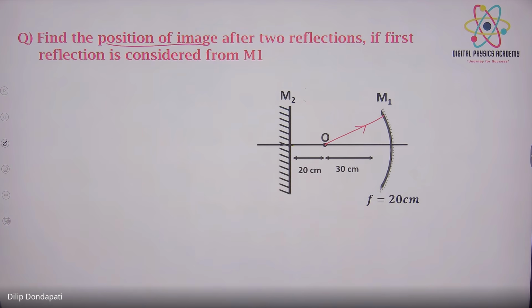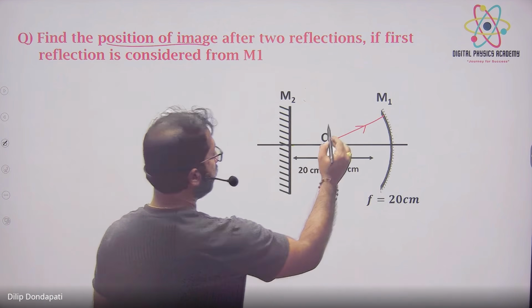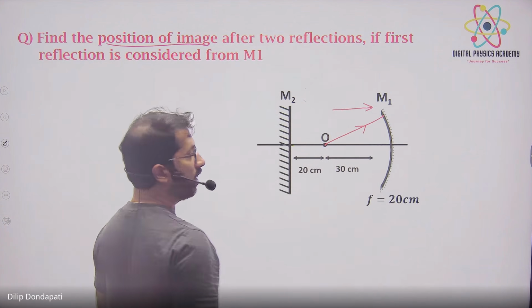And proper sign conventions you have to consider, right? So now this is the incident ray. This is the incident ray direction.